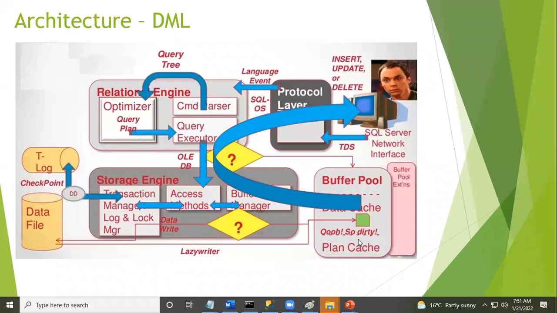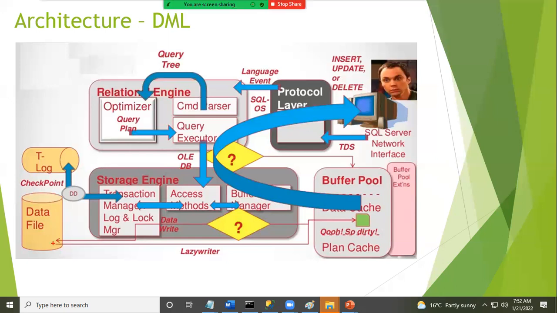If the checkpoint happens, the page will be flushed to the data file, and then we call it a clean page. It is no more dirty because whatever modifications there are, they are in the data file. A page is considered dirty only when it is different from the data file page, right?